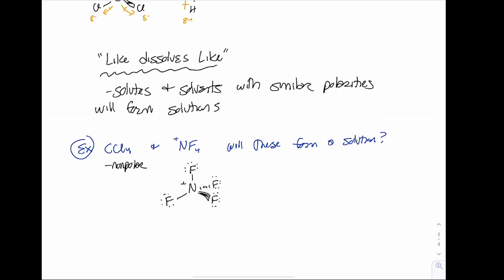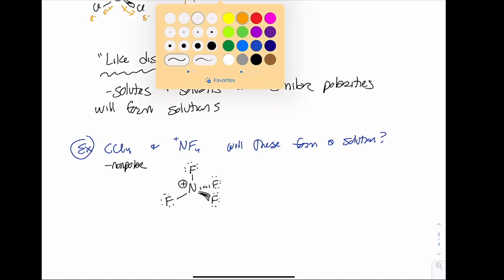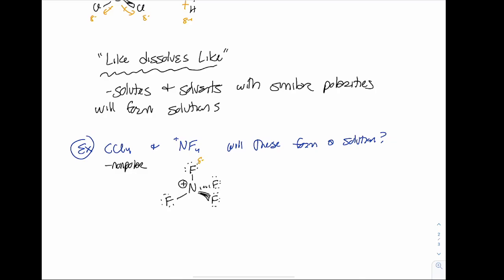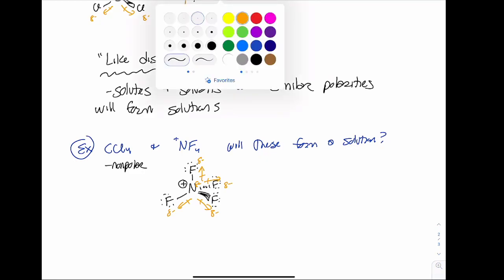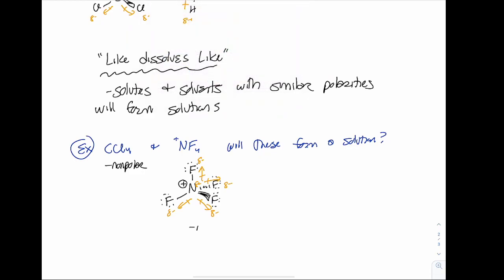I do have a formal charge on nitrogen. Because I have 4 bonds and no lone pairs, it's tetrahedral. Fluorine is more electronegative than nitrogen. So this one has a very similar situation as carbon tetrachloride in the fact that I have 4 bond dipoles, but they're arranged symmetrically, so they're going to cancel each other out, and we're going to say nonpolar.